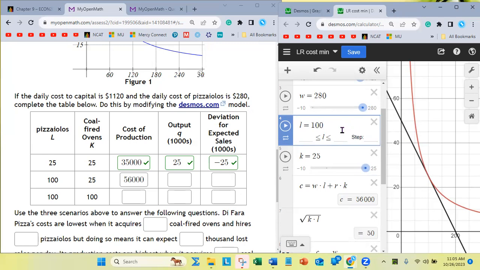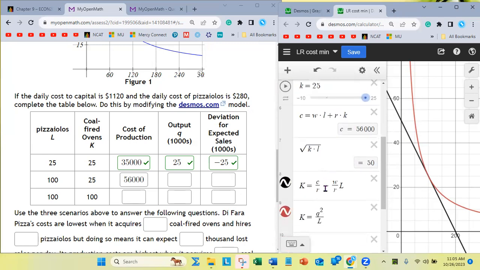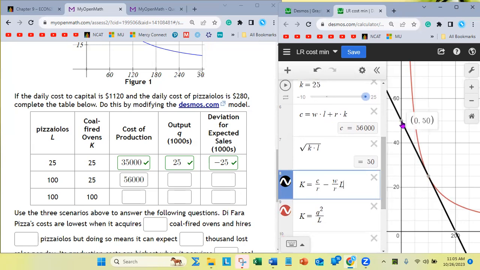And this black line here is called an ISO cost line. In the utility model that we did last week, we called it a budget line. But here it's an ISO cost line. This point here costs the same amount as that point there, which costs the same amount as that point there.